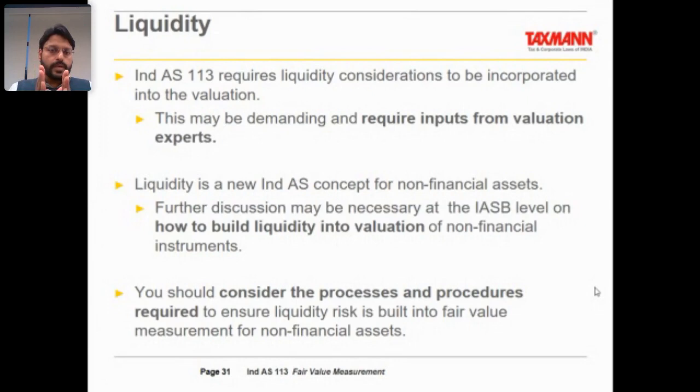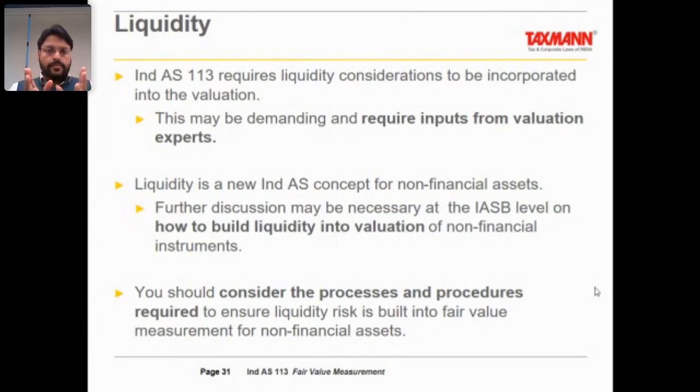So fair value will be considered for one share and multiplied by the quantity, that is the unit of account. But suppose I am not able to sell the shares of a particular entity because that is not listed on the stock exchange, say this is a private limited company. Private limited company is not listed.